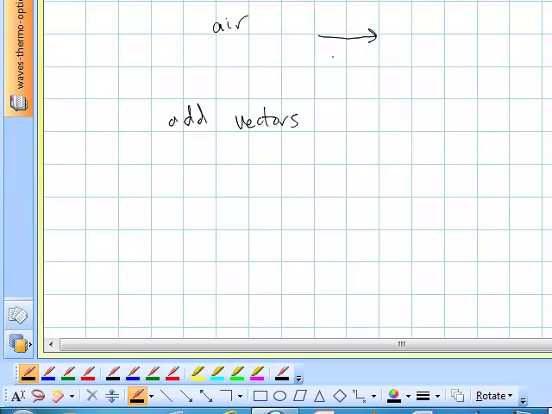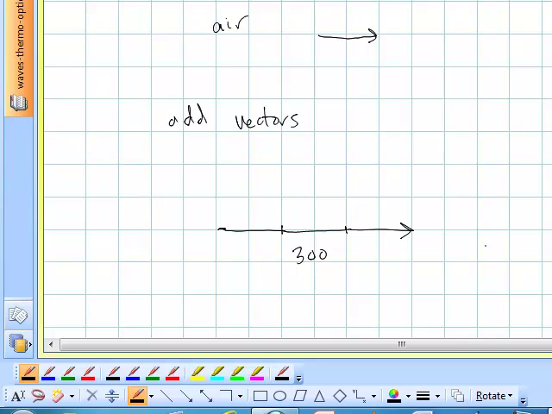And we get out our ruler and our protractor, and we draw the first vector. And the length of the vector is proportional to the magnitude. So I'll make that proportional to 300 miles per hour, 3 units long. And the air, I'm going to add to it.